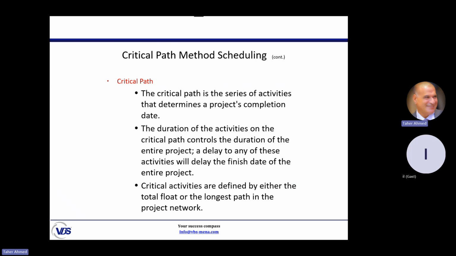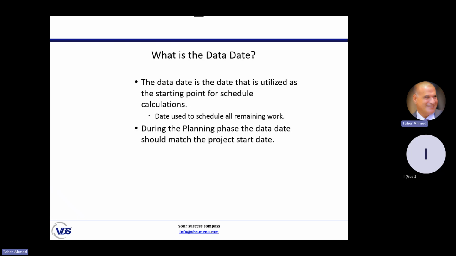Again, a critical activity will drive the completion date of the project. If I do it in less time, I will reduce the time of the project. How are we going to define the critical path? With something called total float, zero total float. And we are going to see the meaning of total float now.